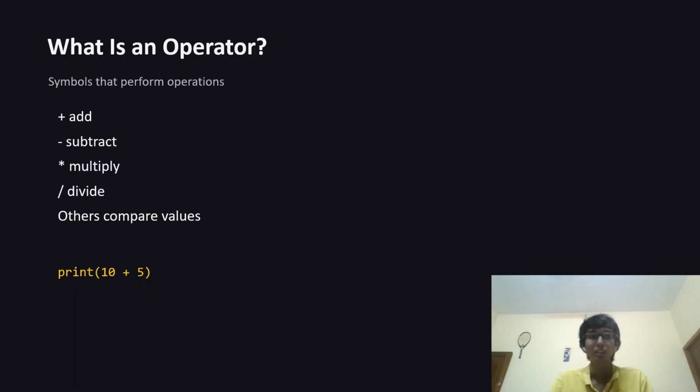Subtraction uses the minus operator, the dash, and that minus does the subtraction operation. And slash is used to do the divide operation. Division is the operation, and slash is the operator used for it. There are a lot of other operators also. We'll learn them one by one.